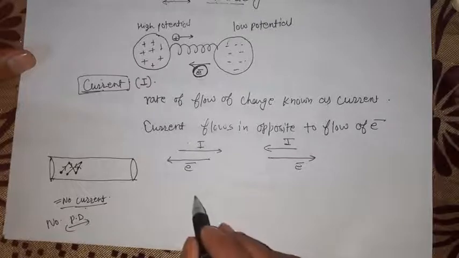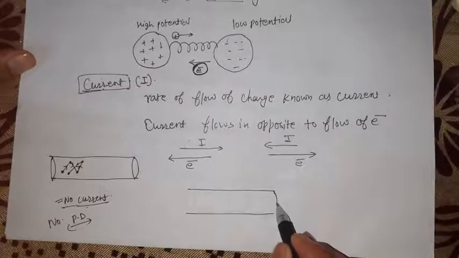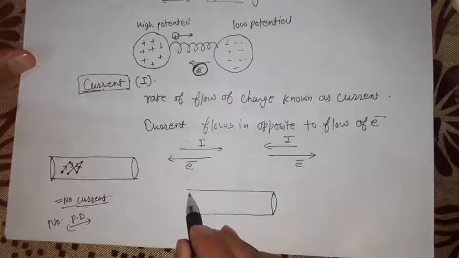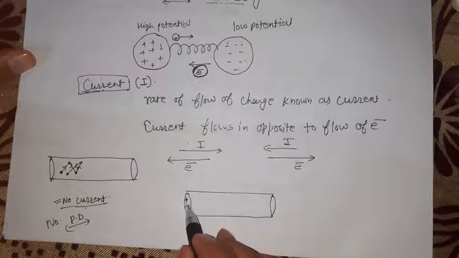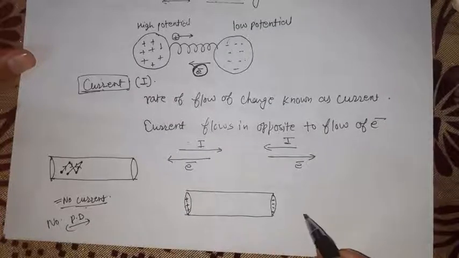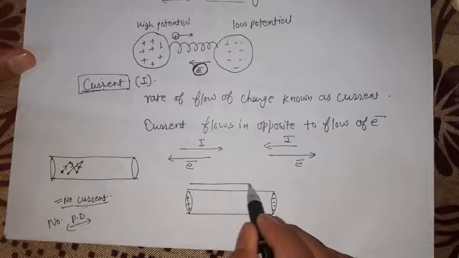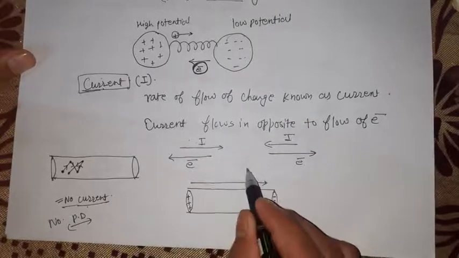Now suppose I have this conductor, and let this side be positively charged and this side negatively charged. Due to this we have an electric field from positive to negative.